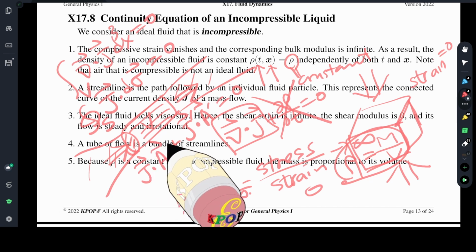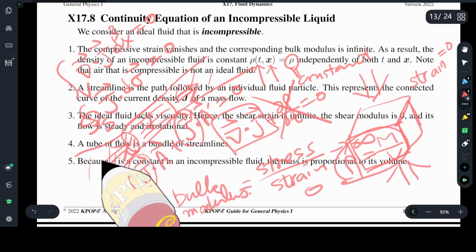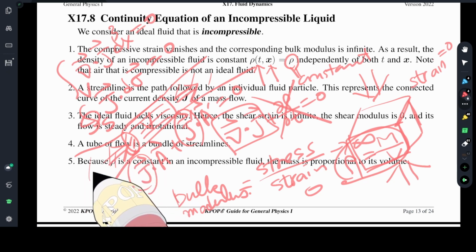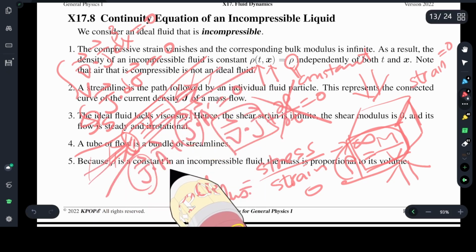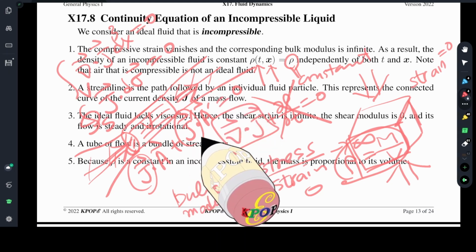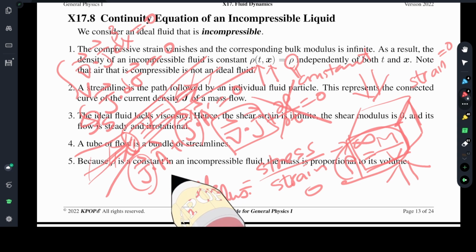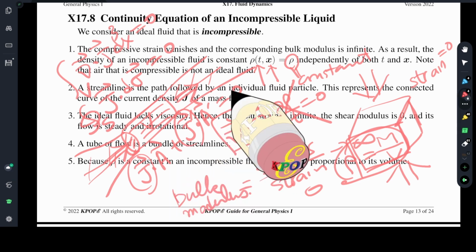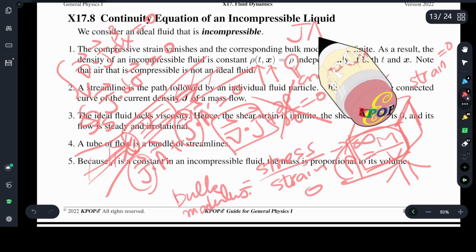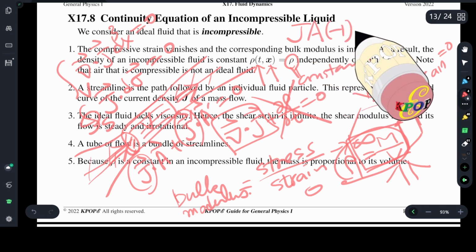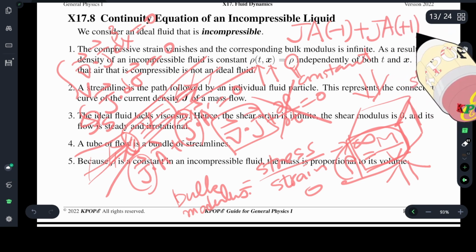Here, the current J is flowing in one direction, while the normal vector is opposite. So if I replace them in terms of scalar functions, current and area, with a negative sign plus J prime A prime with a positive sign, equals 0.